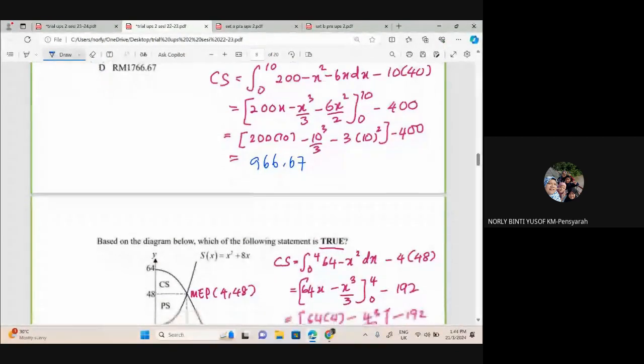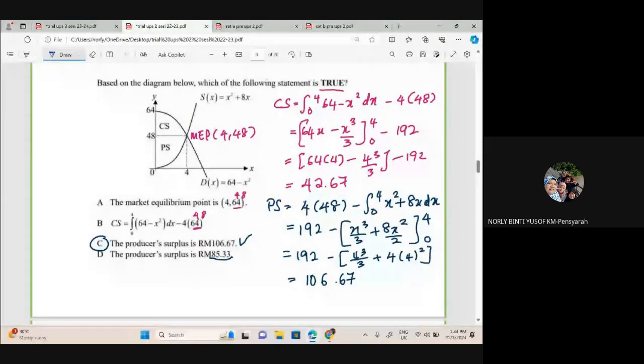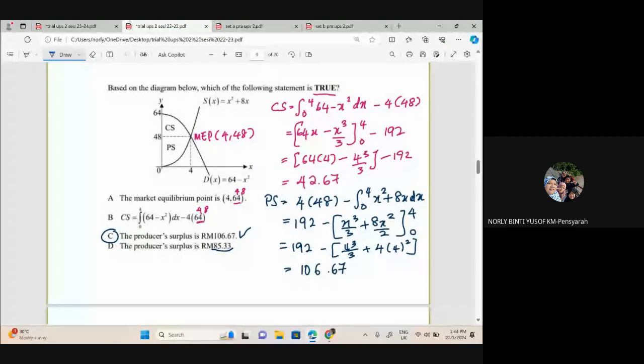Okay. Sama juga untuk seterusnya, soalan seterusnya pun sama. Dia suruh cari pernyataan yang benar tapi based on graph. Tadi berdasarkan ayat kan. So samalah, carilah CS dulu sebab dia dah bagi supply function, dia dah bagi demand function dan kita tahu MEP ni 4 dengan 48. So kiralah untuk kedua-duanya using the formula of PS and CS dan tengok mana yang betul.